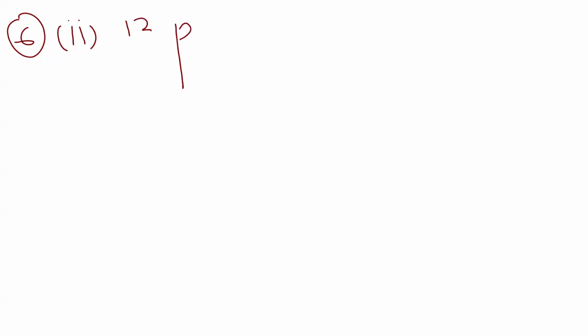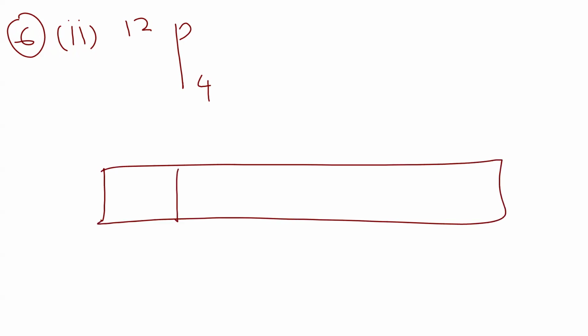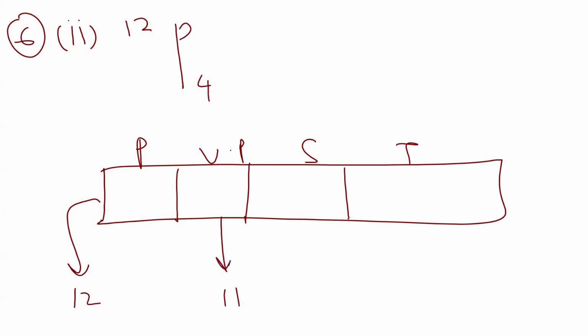How many positions are there? 1, 2, 3, and 4. Because we need a president, a vice president, a secretary, and a treasurer. So 12 persons are there for the president post. Here it will be 11, here it will be 10, here it will be 9.